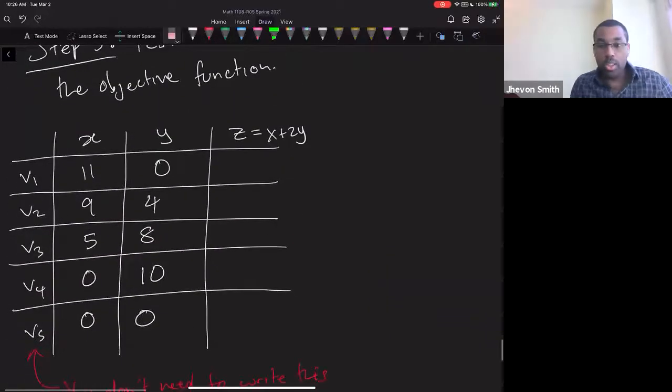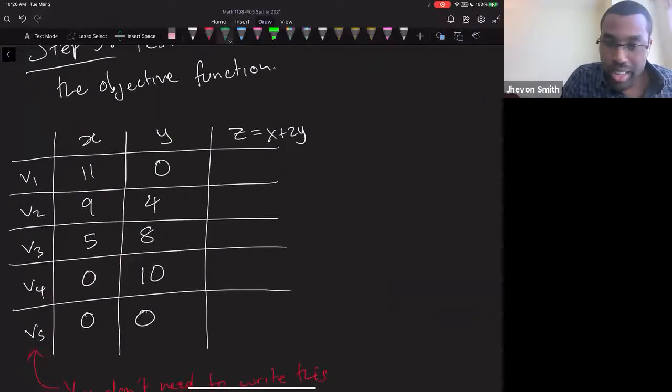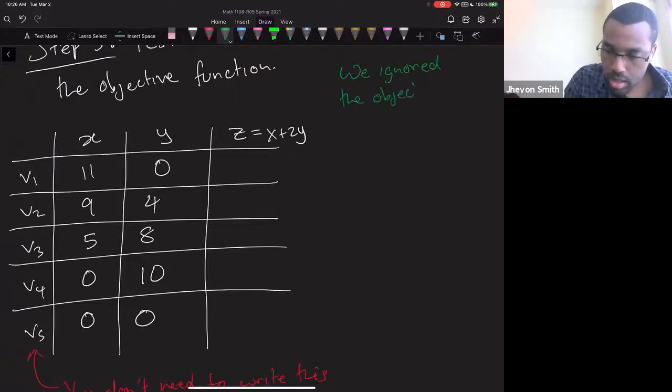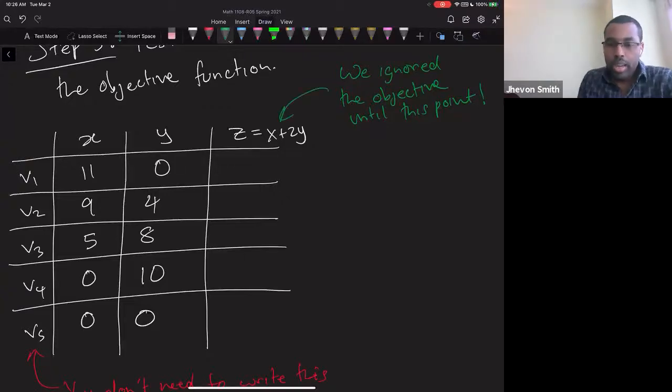Okay, I want you to notice we ignored the objective until this point. Everything we've been doing up to this point, we're doing with the constraints. You don't even look at the objective until you get to this stage, step 3. Now you're just going to plug in the X and Y values of the corner points into that function.